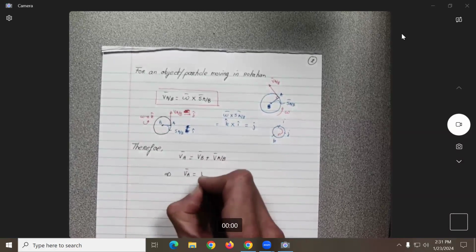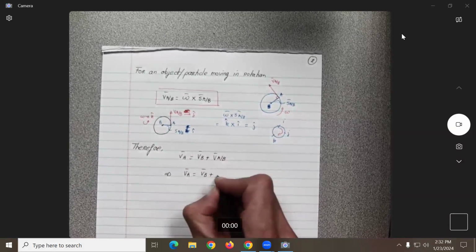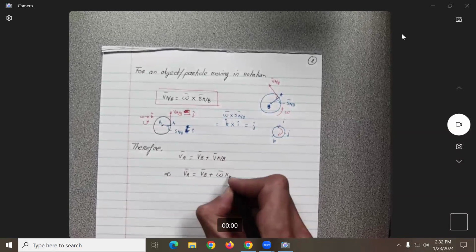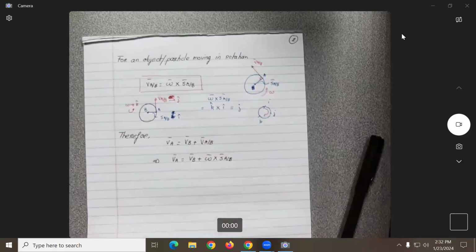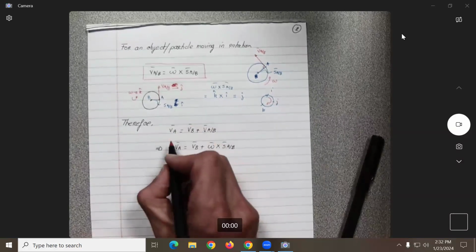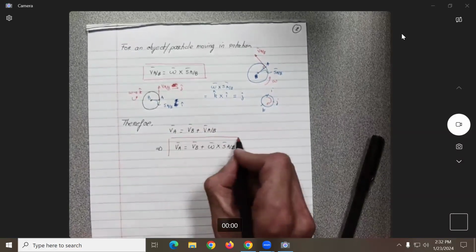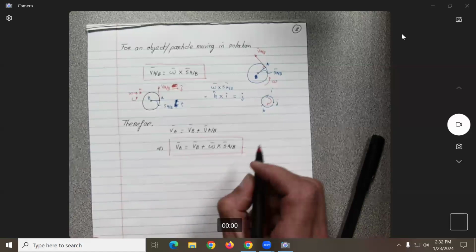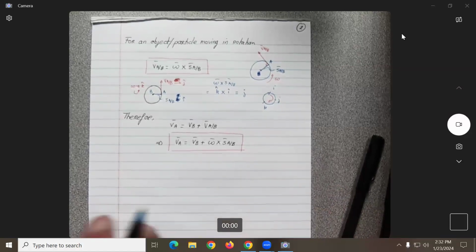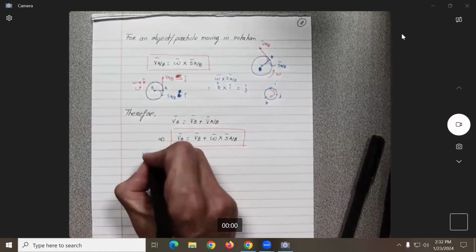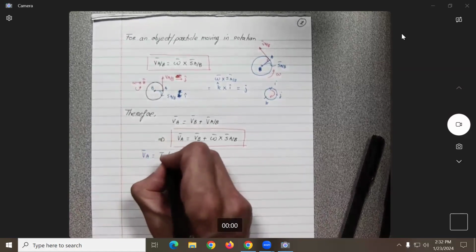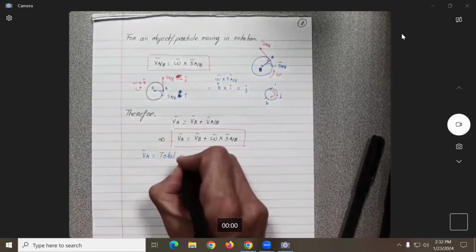VA equals VB plus omega cross S of A with respect to B. Where VA is the total velocity.